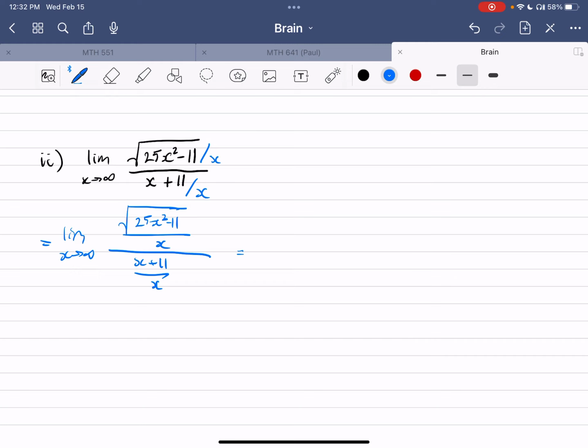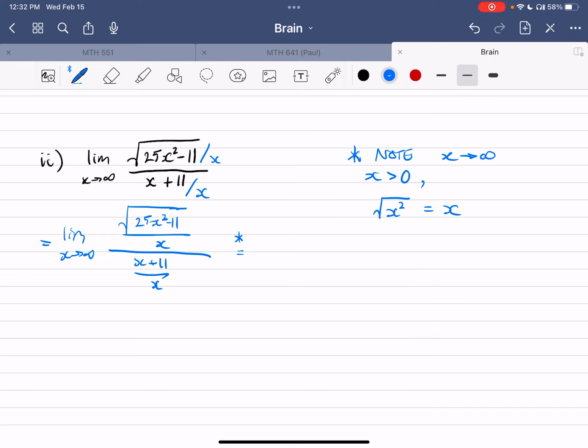Now, before I go on to this next step, I want to make a note. As x goes to infinity, x is positive, so the square root of x squared is equal to x. If x was negative, this wouldn't be true, but x is positive, so this is true.